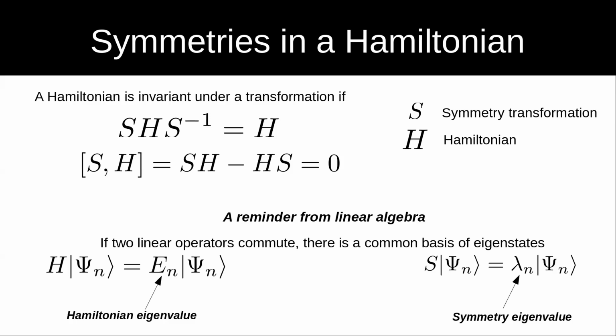Of course, the eigenstates of the symmetry operator have a different symmetry eigenvalue than the eigenvalue that they have in the Hamiltonian. But the eigenvalue itself is not important, or at least not the most important part. The most important part is that we are capable of classifying the solutions just by looking at the symmetries that the Hamiltonian has.